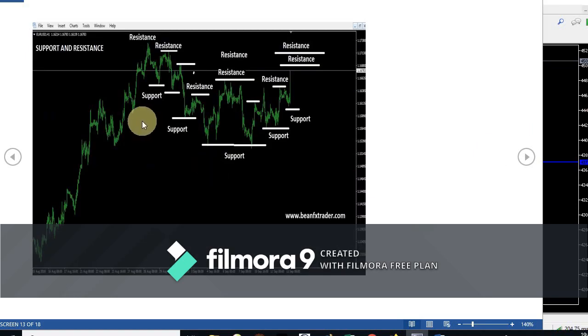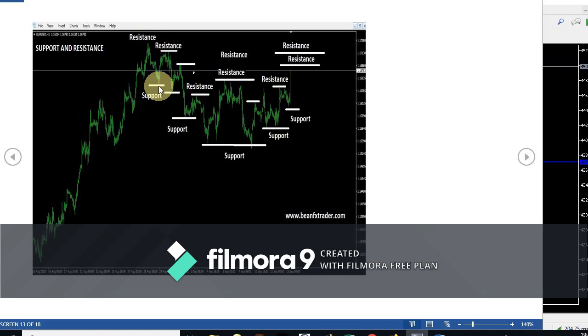Another illustration is seen on the Euro USD chart, 1-hour chart, where price rose, met with a resistance level, dropped a bit, then pushed up, met with another resistance level, dropped, then pushed up, and rose to this point where it met a much larger force and dropped.